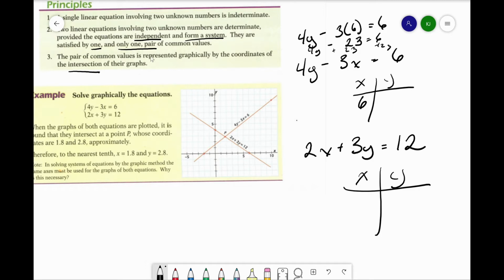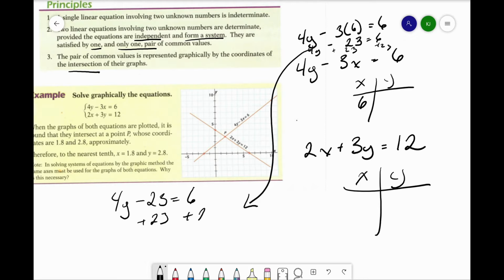I'm going to move the equation down here so we can see it a bit better. So that leaves us with 4y equals 24. Then we divide both sides by 4. The 4's cancel out, and y equals 6. So if x equals 6, y equals 6 for this equation.